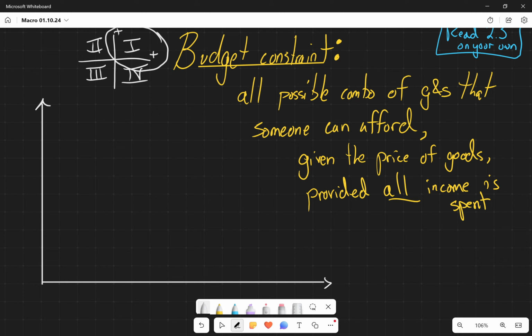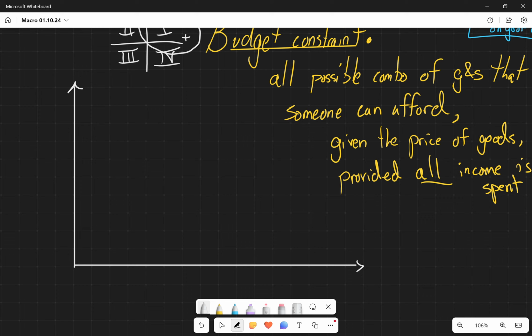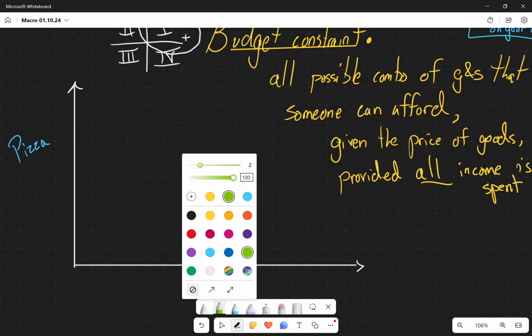And for this particular model, we're going to choose just 2 of the possible goods that we could purchase at any given time, right? So I'm going to put over here, I'm going to put pizza. And down here, I'm going to put clothes.